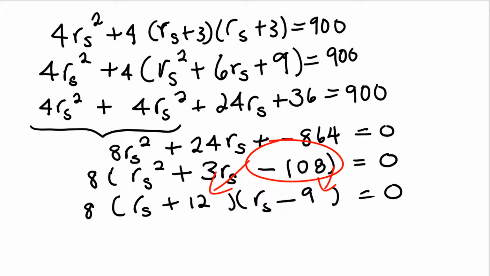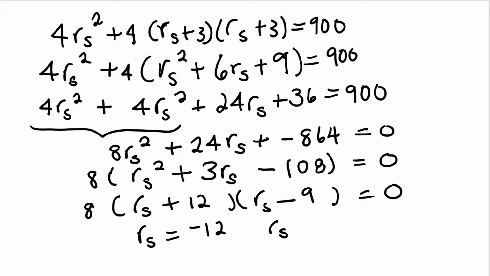Let's set each of the terms equal to 0. The 8 is a constant, and that's irrelevant because 8 never equals 0. Solving RS plus 12 equals 0 tells us that the rate going south is negative 12, and RS minus 9 equals 0 tells us that the rate going south is equal to 9.